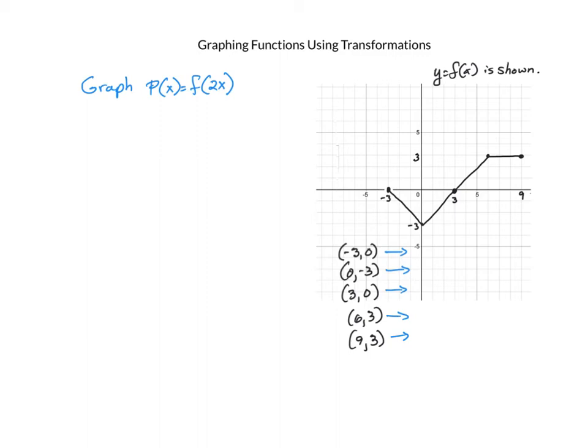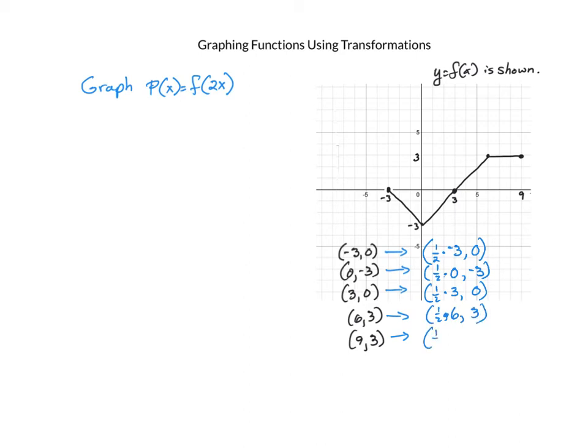So we have 1/2 times -3, 0. 1/2 times 0, -3. 1/2 times 3, 0. 1/2 times 6, 3.